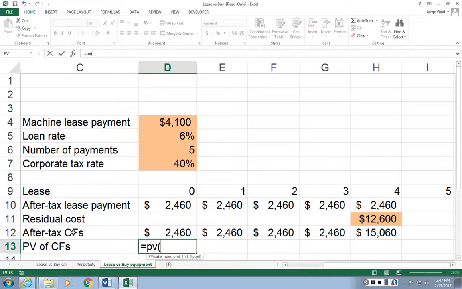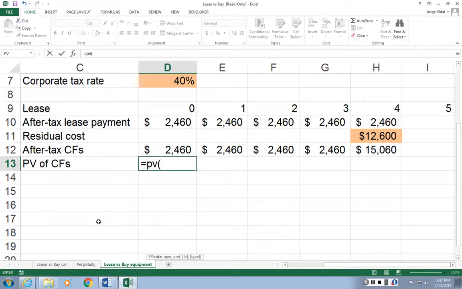Equals present value, and then continue. Not going to have time to do the purchase option, just this.